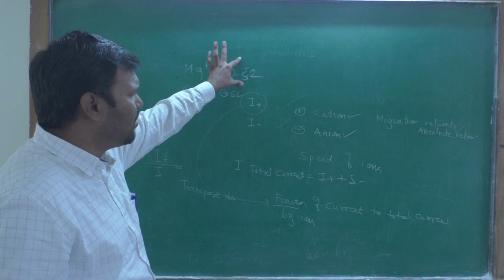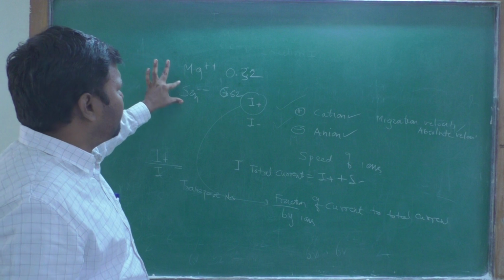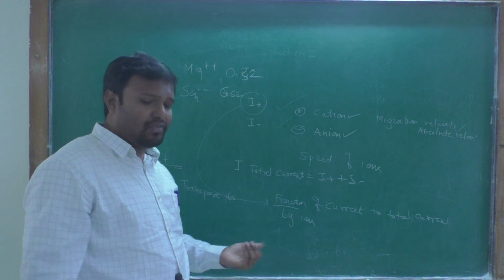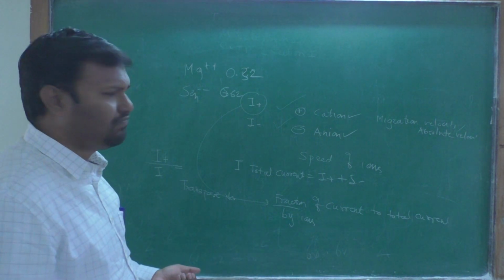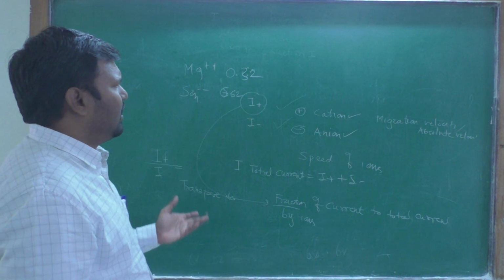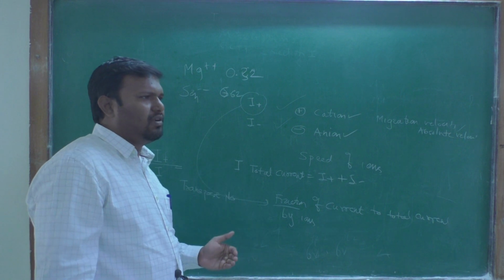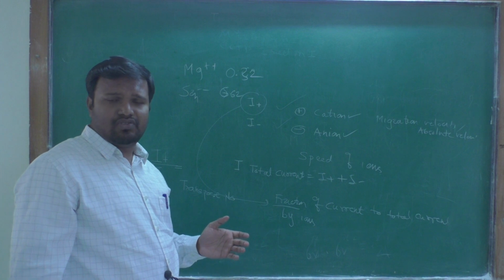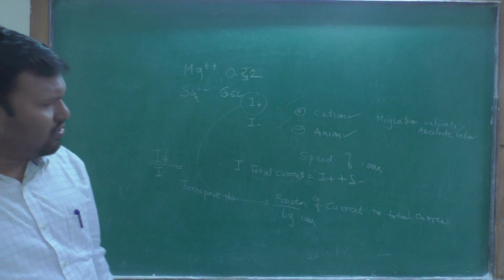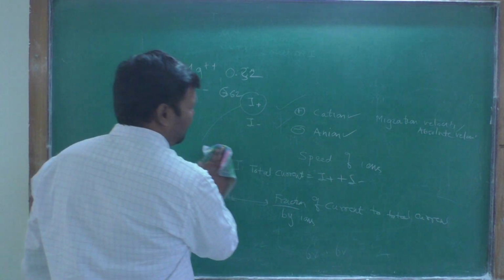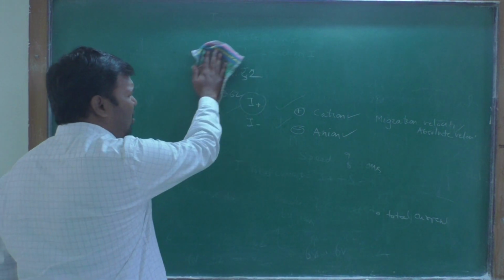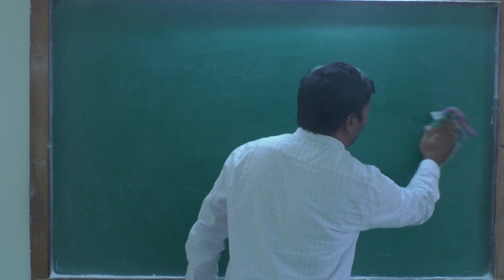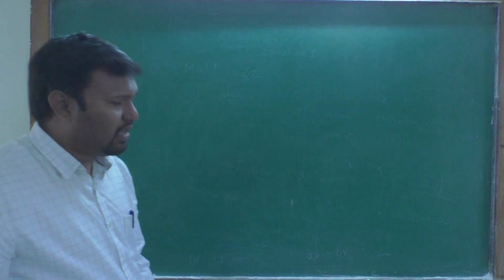Therefore the transport number of the SO4 minus ion is higher, so its speed is higher. Remember that the transport number or the current depends upon the velocities. Now we can obtain the relation between the transference number and the absolute velocity, speed, or migration velocity.